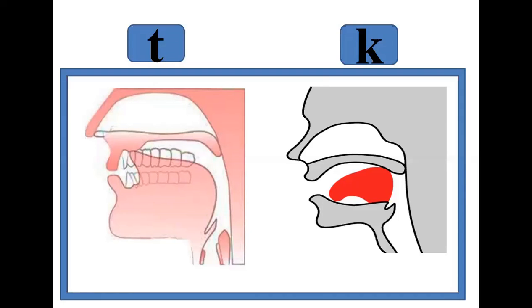In the first diagram, you can see how the tip of the tongue touches the beginning of the roof of the mouth while producing the sound T.